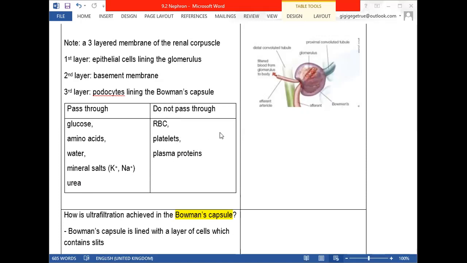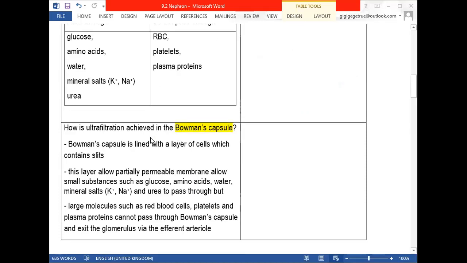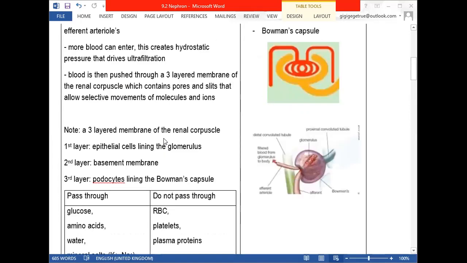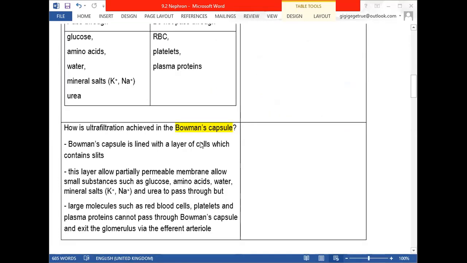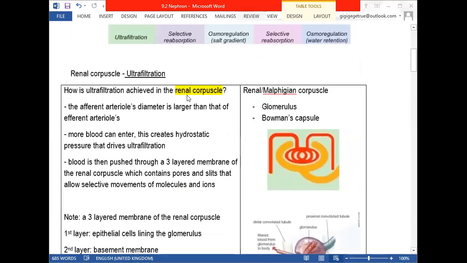So how is ultrafiltration achieved in Bowman's capsule? This question is almost the same as the one earlier, but this is focusing on Bowman's capsule, while the earlier one is Bowman's capsule and glomerulus.